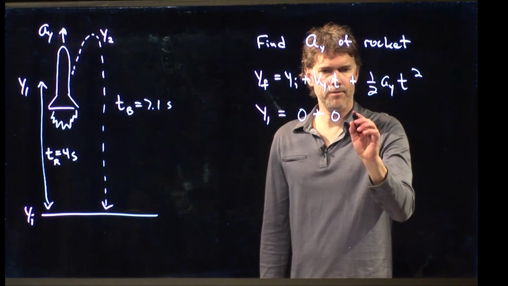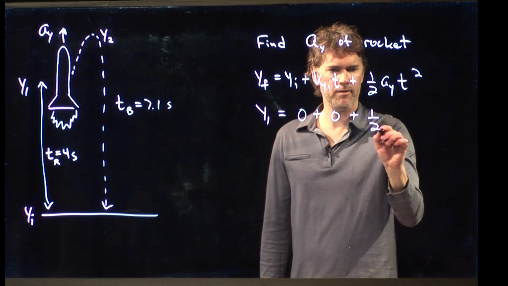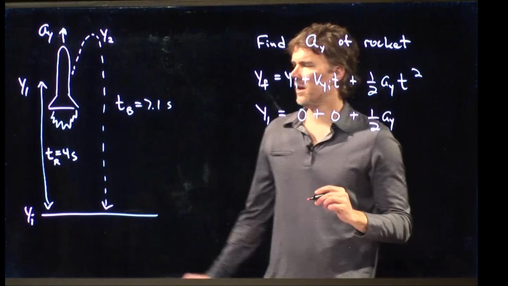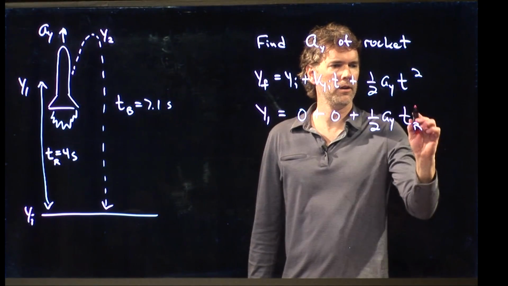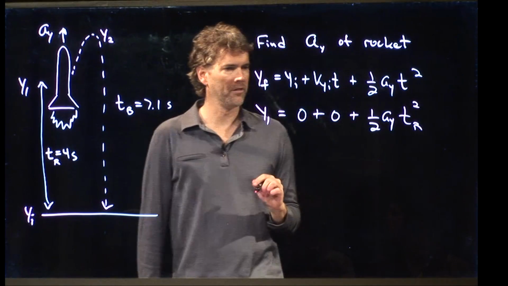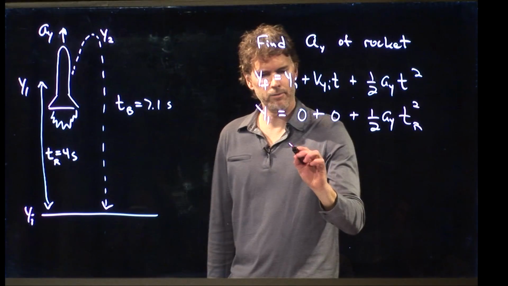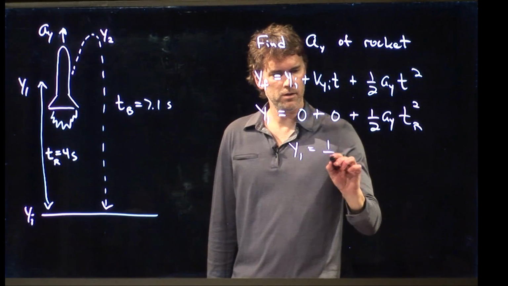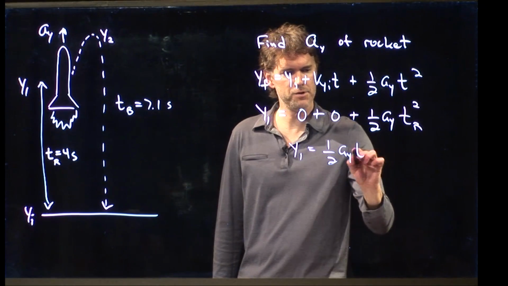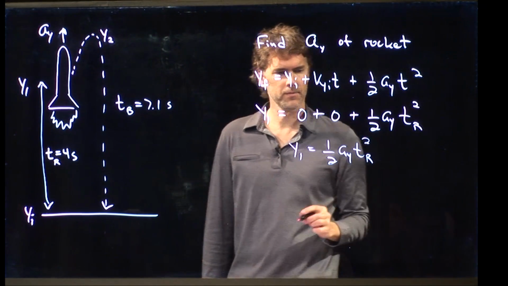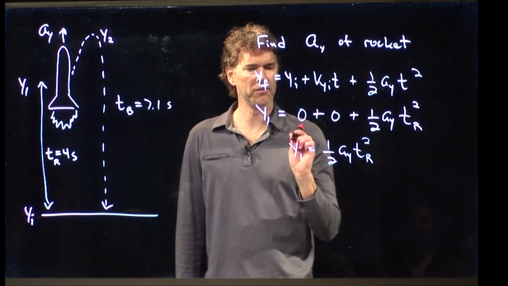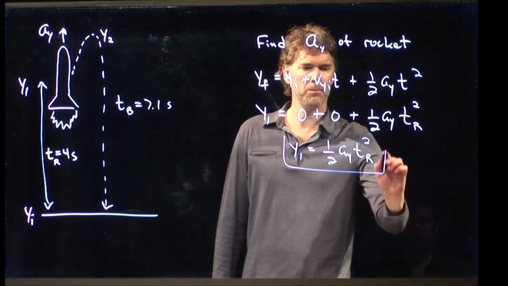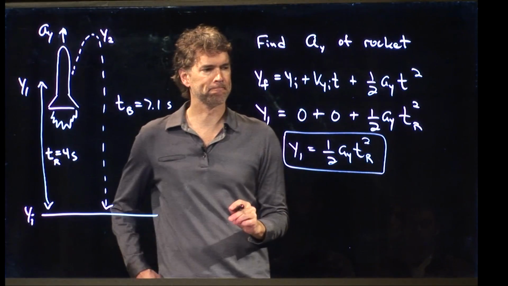And now we have 1/2 a sub y. That time, t sub r, is 4 seconds. Okay, and so now we have one equation, but we still have two unknowns. We don't know y sub 1, and we don't know a sub y. But let's just keep that equation there for a second.